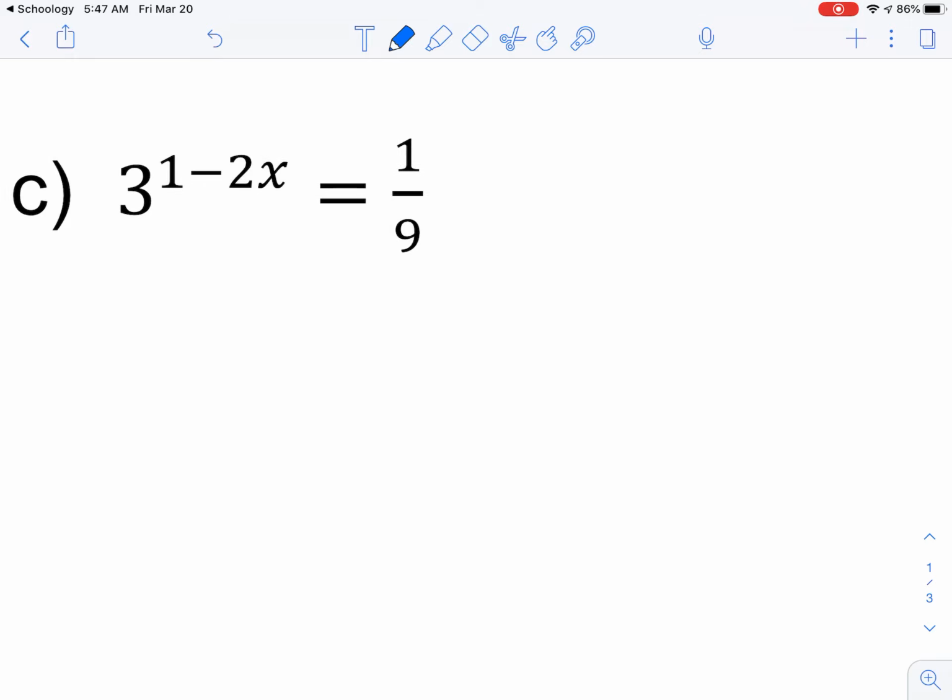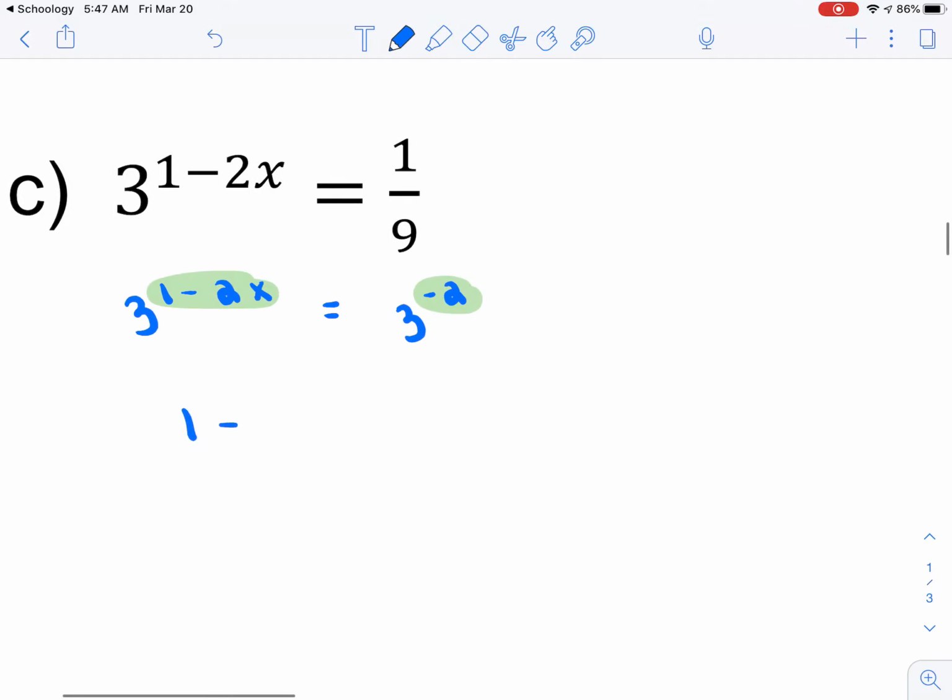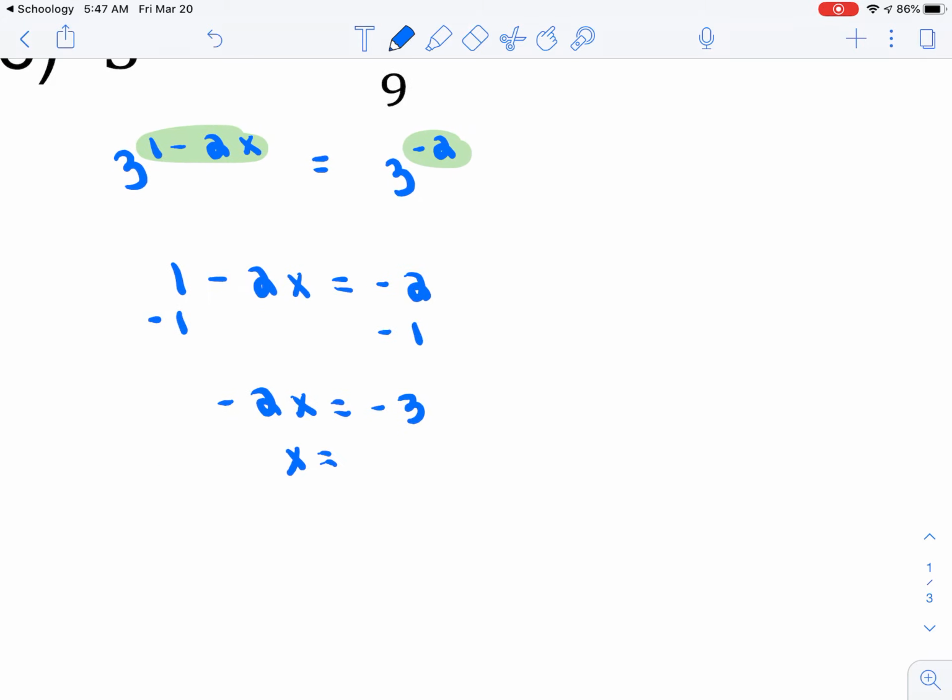Well, I'm hoping that right away you're thinking, oh wait, that's a negative exponent. We can actually rewrite 1/9 as 3 to the negative 2nd power. And by doing that, you get the same base. So then we can set these exponents equal, and then wham, bam, thank you, ma'am. We can solve and get that answer of 3/2.